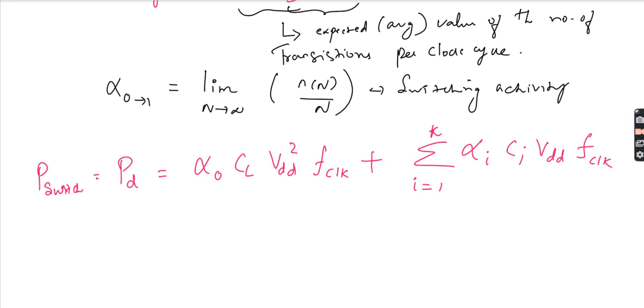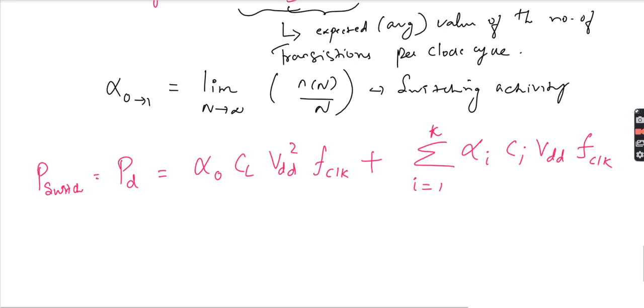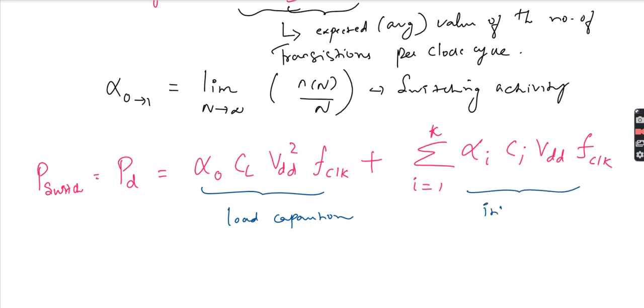This is the complete formula to calculate the dynamic power consumption, where CL is your load capacitance at the output, and CI is for the internal load.